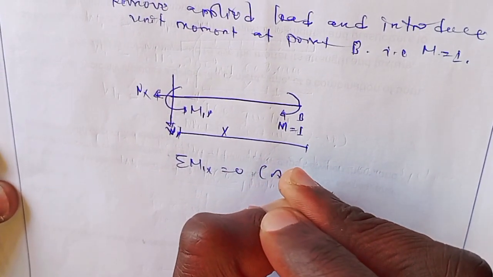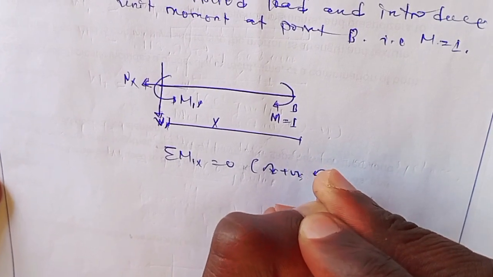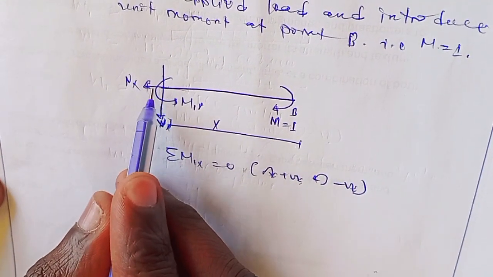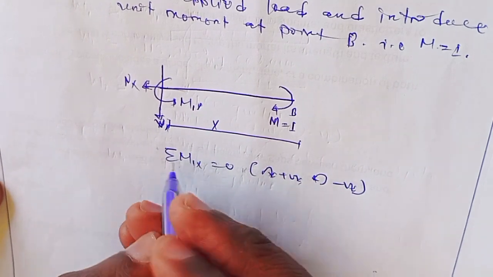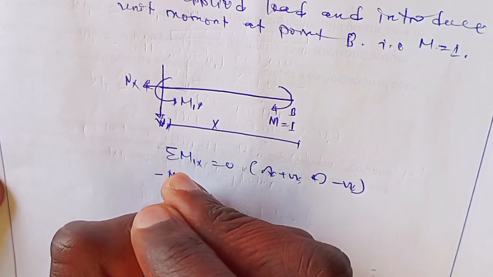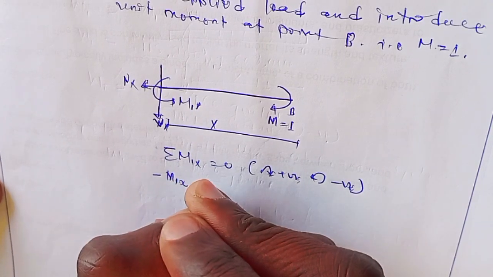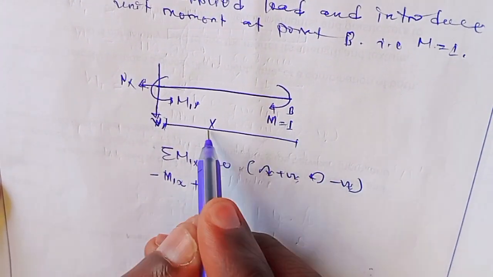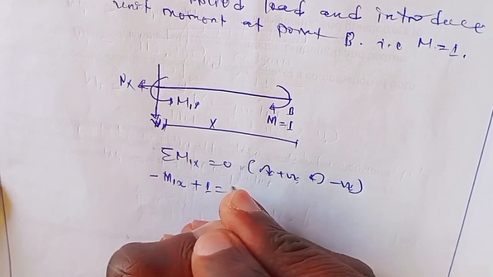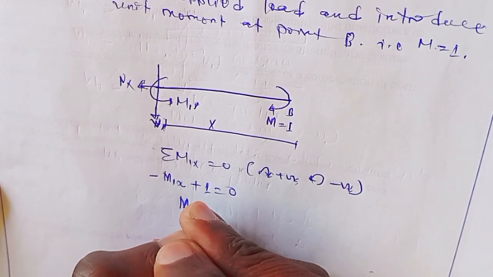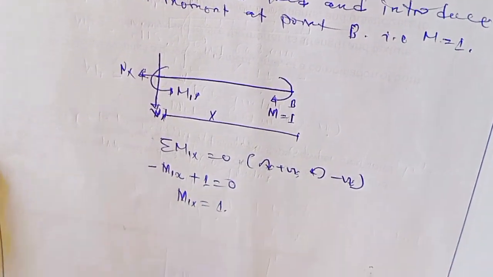Clockwise direction will be positive, and anti-clockwise direction will be negative. So the moment at this one goes in the anti-clockwise direction, so it will be negative Mx plus the moment at point B, which is 1, equal to 0. So the moment for this case will be 1.